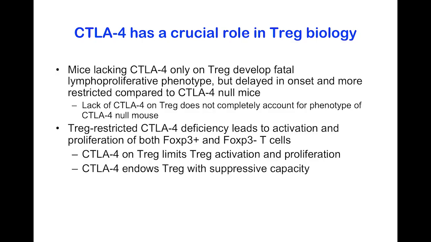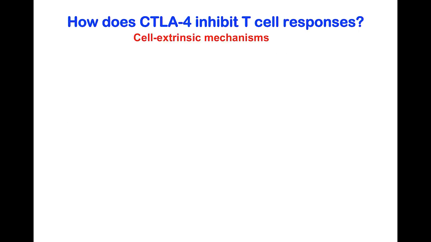So this indicates that CTLA-4 has an important role on Tregs, but Treg expression of CTLA-4 doesn't completely account for the phenotype of the CTLA-4 null mouse. And so we know that CTLA-4 is a mediator of Treg function and really endows Tregs with suppressive capacity. So inhibitory functions of CTLA-4 have several types of functions.